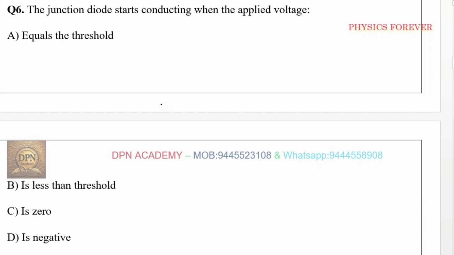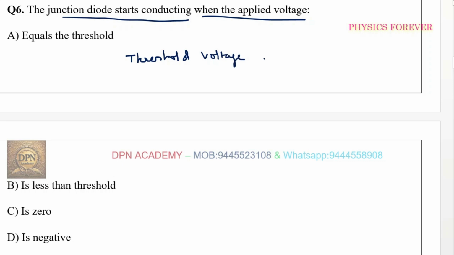Question number 6: the junction diode starts to conduct when the applied voltage is greater than the threshold voltage, that is, 0.7 volt for silicon and 0.3 volt for germanium. So what is the correct answer? The applied voltage will always be greater than the threshold voltage, 0.7 volt for silicon.